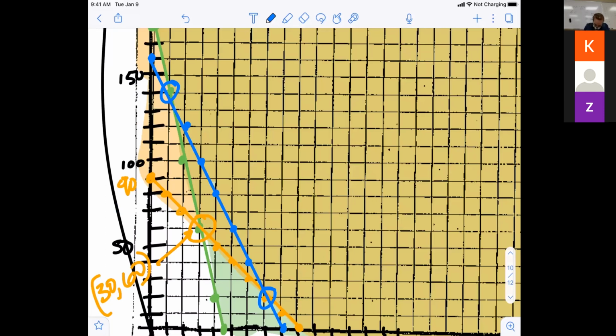That's at 10 and 140. And then this one's going to be 10, 20, 30, 40, 50, 60, 70, and 20. And it said less than. We cannot spend more than 800, so we're going to shade less than the blue line.